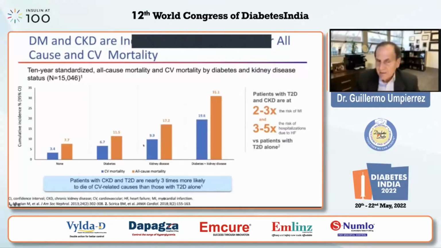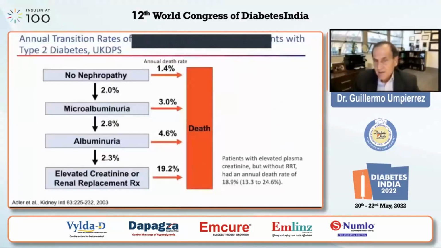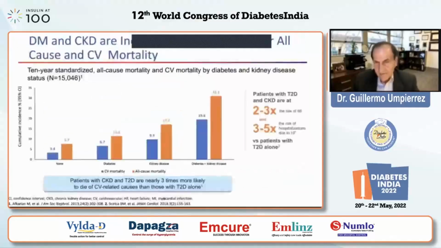Look what happens if somebody has chronic kidney disease. With a GFR less than 60 and the presence of albuminuria, mortality is even higher than in patients with diabetes. And if you have diabetes and chronic kidney disease, mortality goes sky high. Almost 20% of patients will die of cardiovascular mortality over a period of 10 years, and with chronic kidney disease, about 30%.